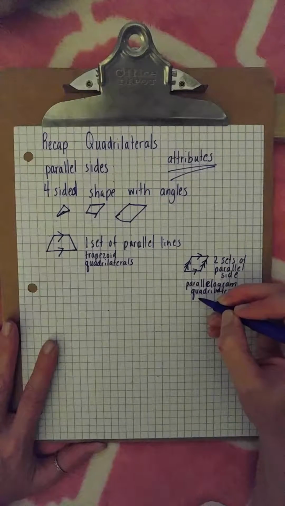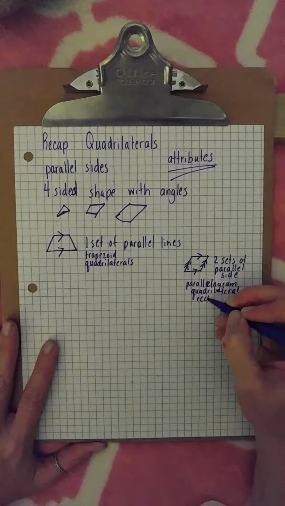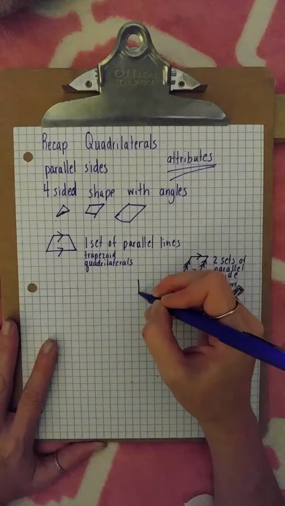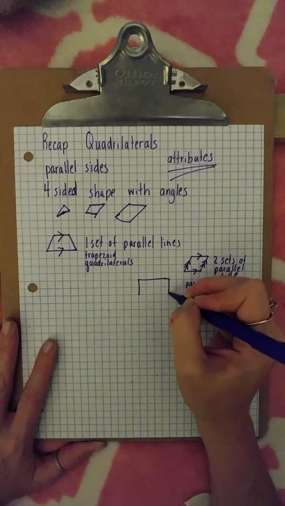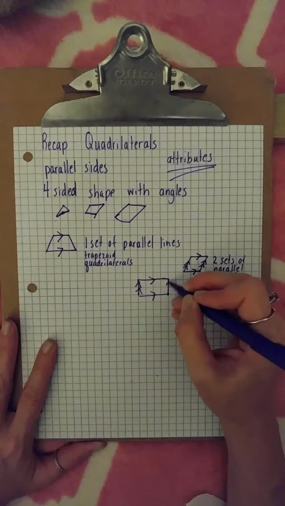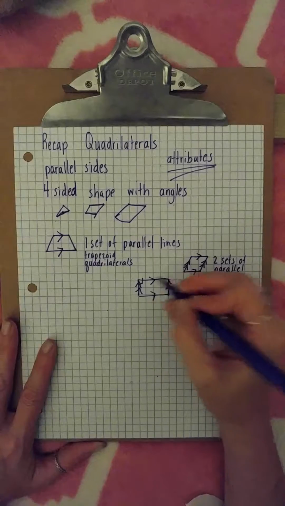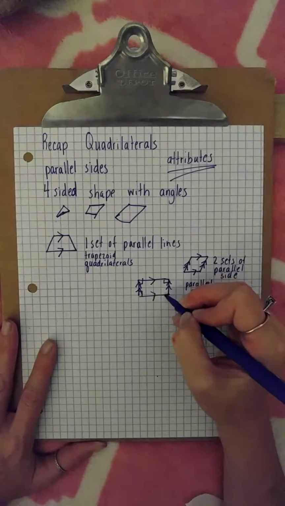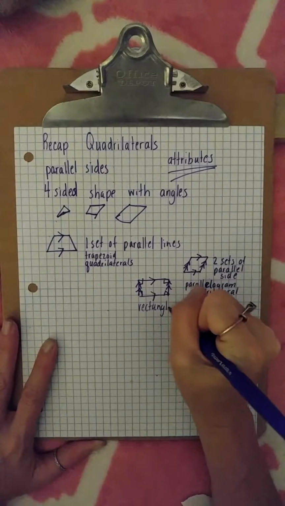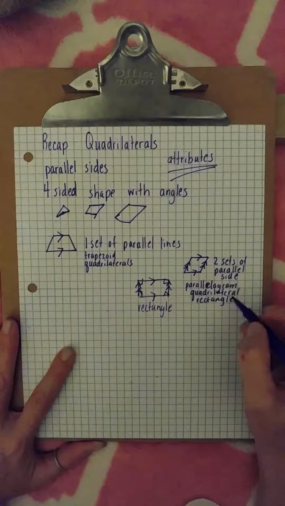A rectangle would also qualify as a parallelogram, because a rectangle has two sets of parallel sides, but in addition, a rectangle also has four right angles. So this is a rectangle, which would also fall under a parallelogram.